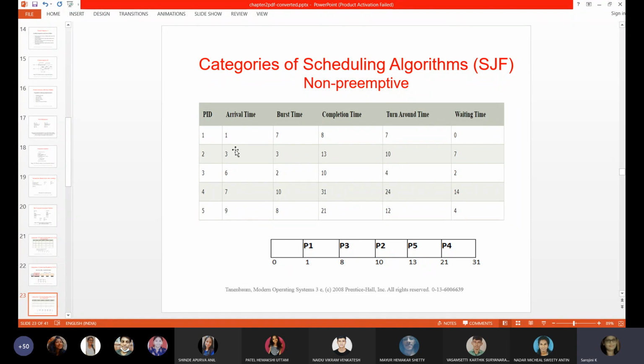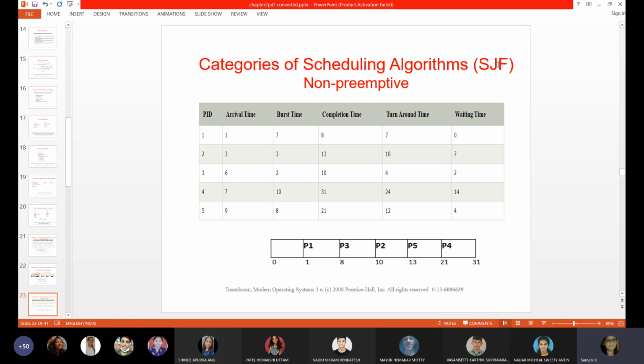After more processes come, we can apply the shortest job first algorithm, because shortest job first means the shortest process should be executed first. That means first preference should be given to the shortest process. What is the shortest process? The process having the smaller CPU burst time.